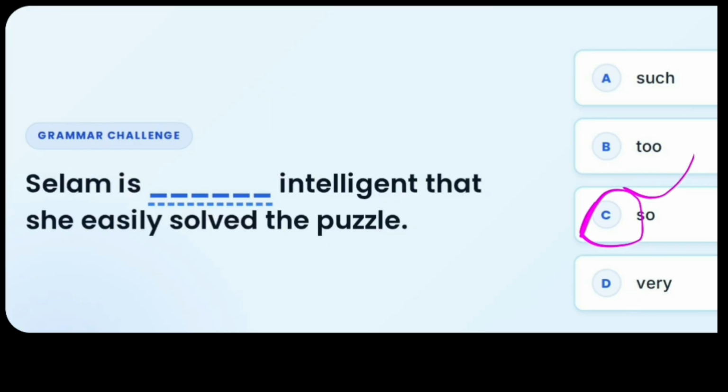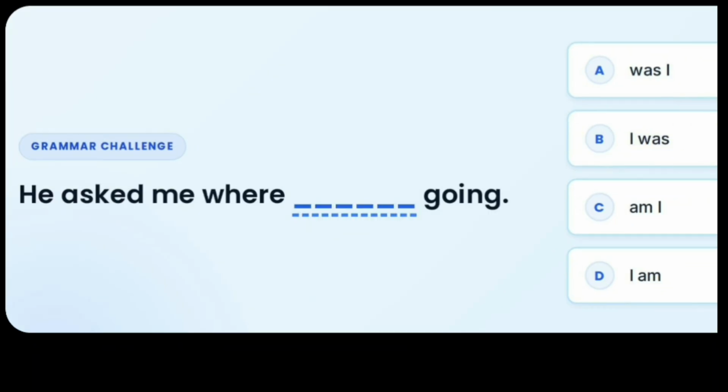The intensifier pattern is so plus adjective plus that plus result clause. Salam is so intelligent that she easily solved the puzzle. For this reason, choice C is the correct answer.